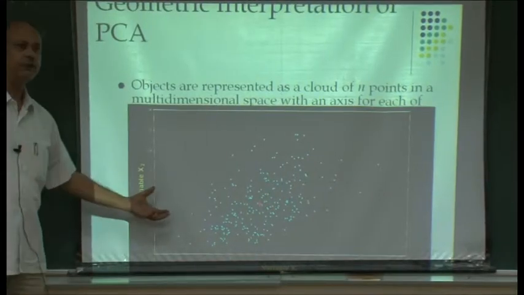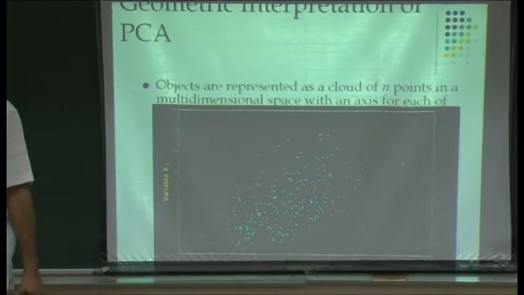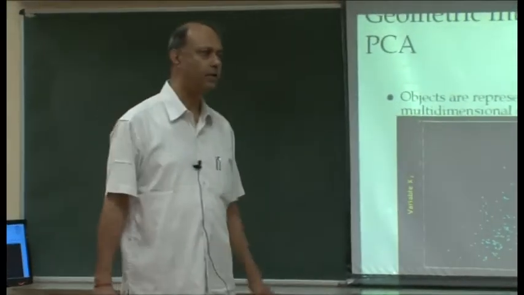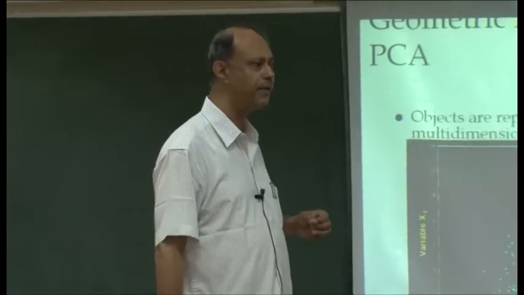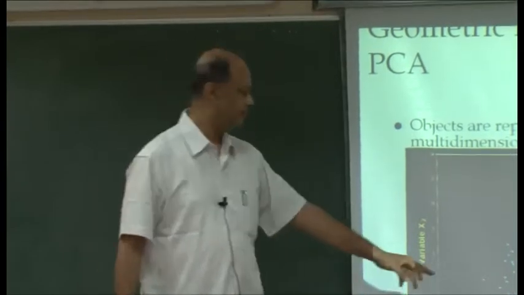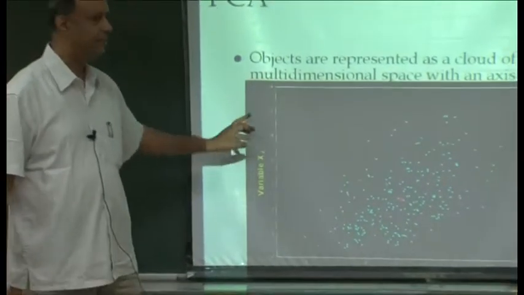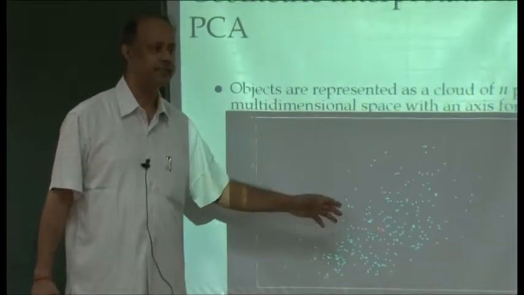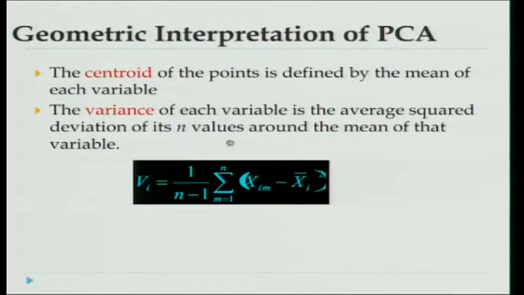What happens is that you have point cloud data. Point cloud data means you have points, each represented by p variables or p dimensions. Here one is variable x1, another is variable x2, and so on up to p dimensions. And the centroid, I think you know by now, you have heard of in statistics.